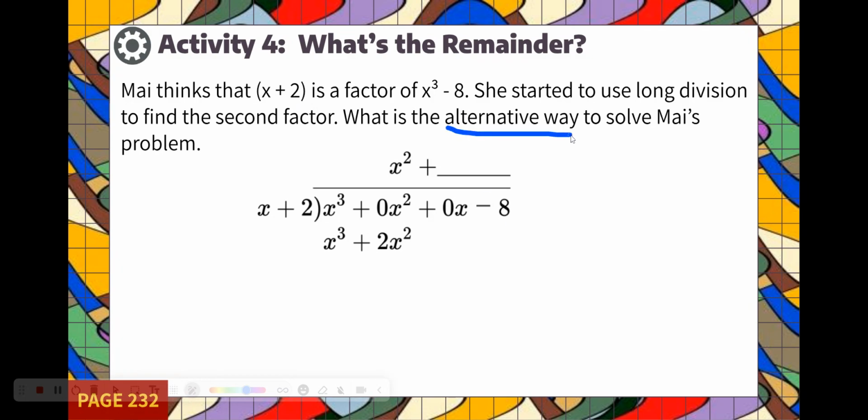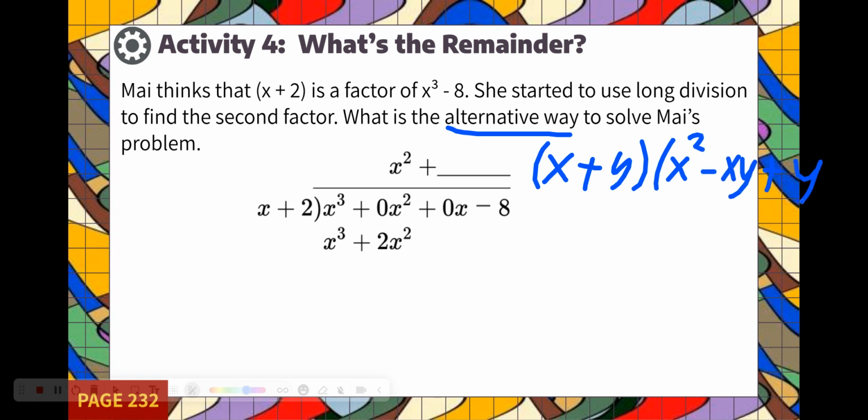Now, what's the alternative way? We can use the rule pattern for x plus 2. Remember, the rule pattern would be x plus y times x squared minus xy plus y squared.